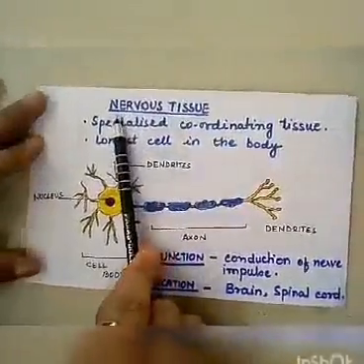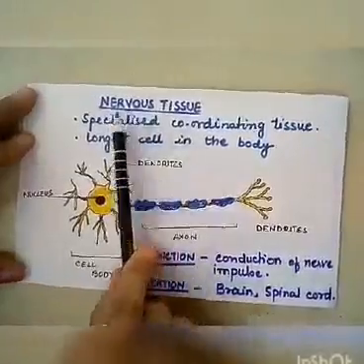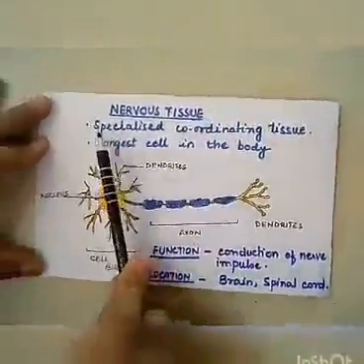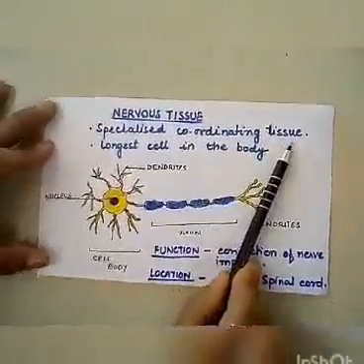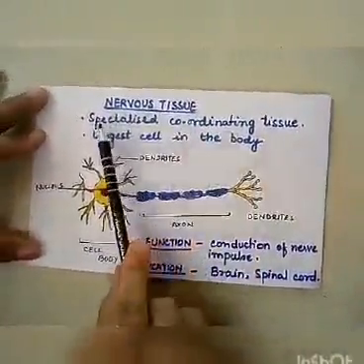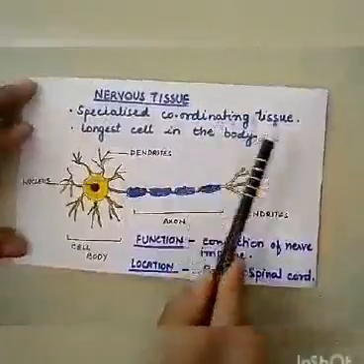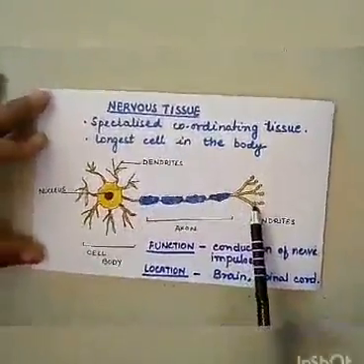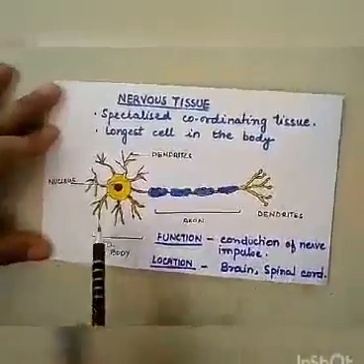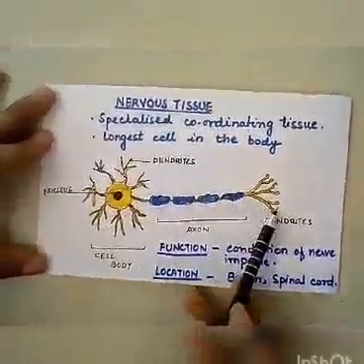Nervous tissue. Now coming to the last type of animal tissue, the nervous tissue. Nervous tissues are specialized for coordinating the body organs, so they are also known as specialized coordinating tissues. They are the longest cells in the body. You see this is the nervous tissue. It is composed of nerve cells. This is a single nerve cell.